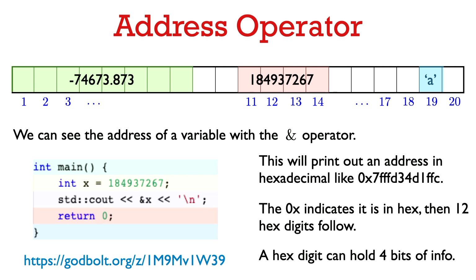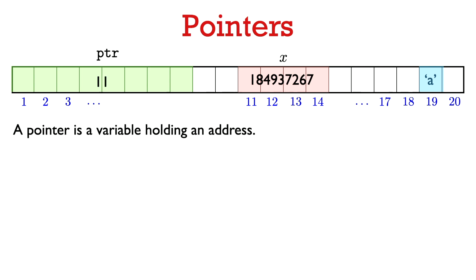Okay, so that's why typically an address will be printed out as just 12 hex digits. Okay, and of course we have no control over where x is going to be stored in memory. So if you run this yourself, you're most likely going to see a different address here.